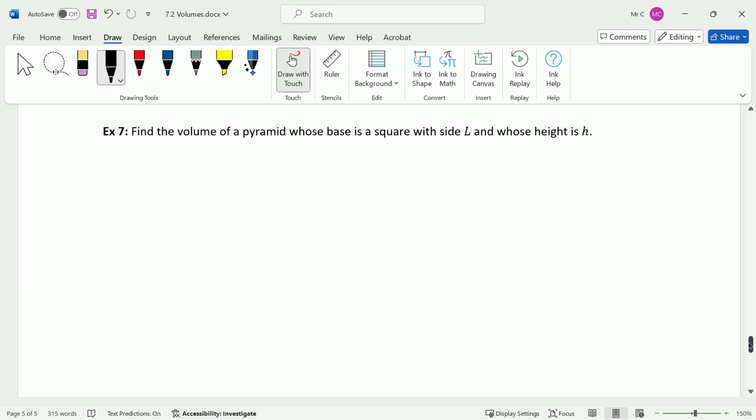But for this example, we'll specifically deal with a pyramid with a square base, so side length L, and whose height is h.